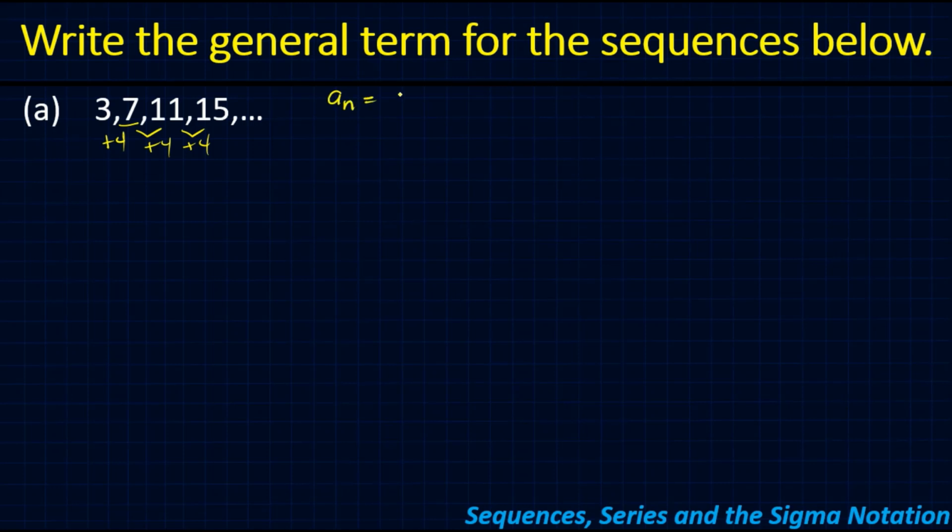Wherein we have a sub n is equal to a sub 1 plus n minus 1 times d. Okay, so in here, we have the first term of 3. Okay, first term natin dito sa sequence is 3. Okay, then plus n minus 1 times, ano ang differences natin? 4.